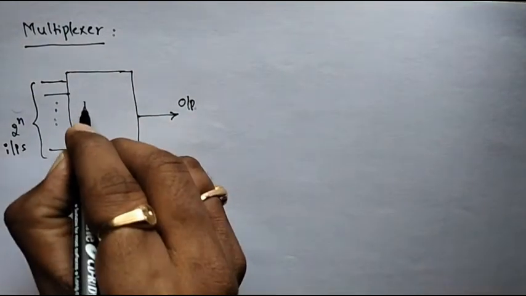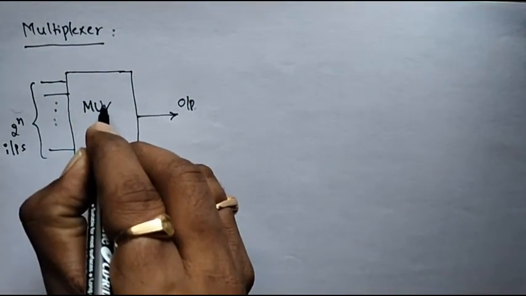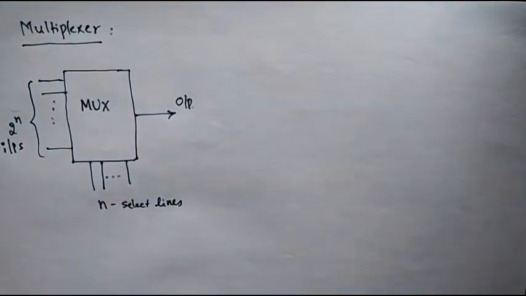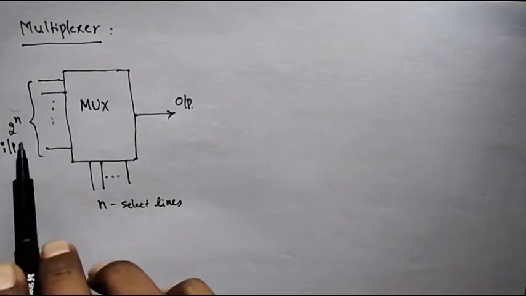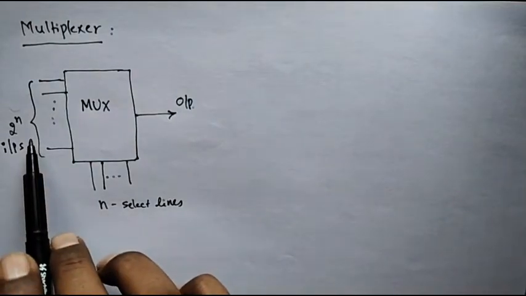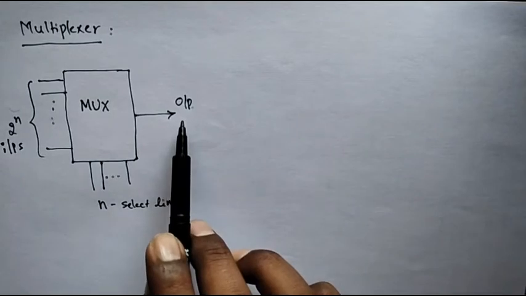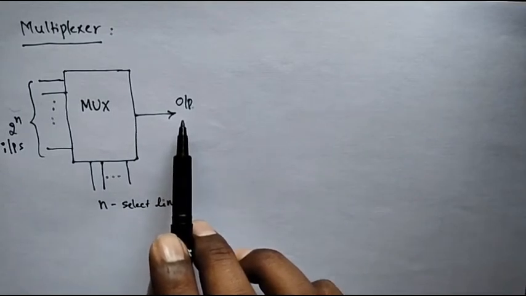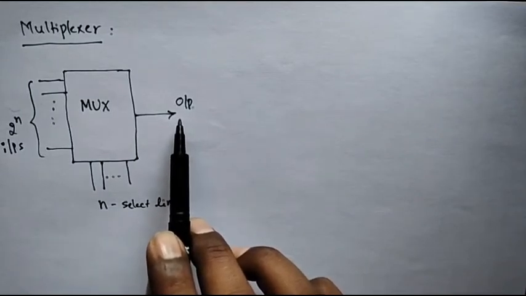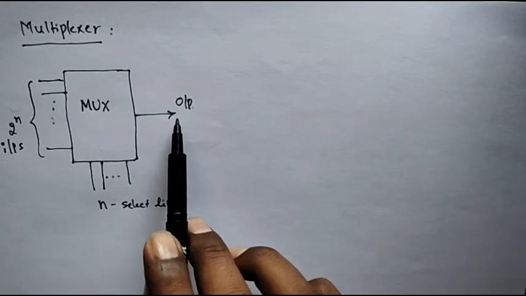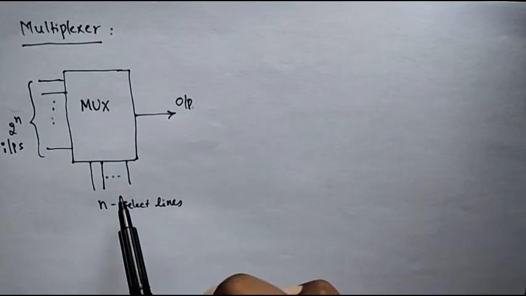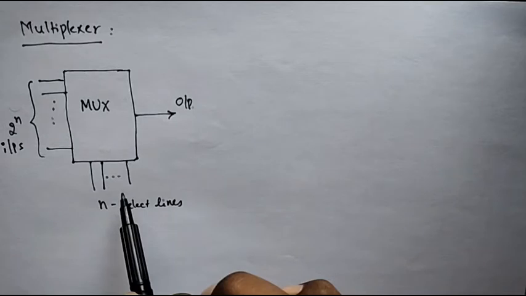In short, multiplexer is called as MUX. As I said, MUX has n select lines, 2 raised to n input lines, and it has only one output line. At any time, multiplexer selects one input depending on the select lines.